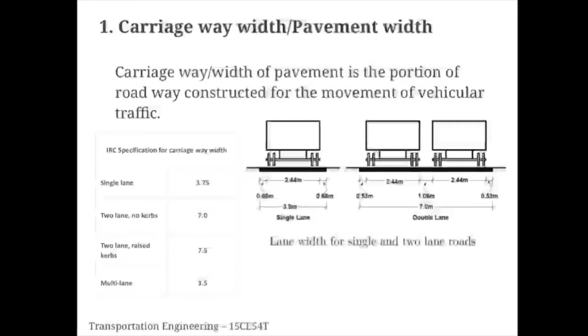In this diagram it's showing 2.44 meter, right? So 2.44 meter is the width of the vehicle and there is 0.68 meter clearance. So we cannot fix the road exactly as the width of the vehicle. We should give some clearance on either side of the vehicle. So that is the clearance given here.